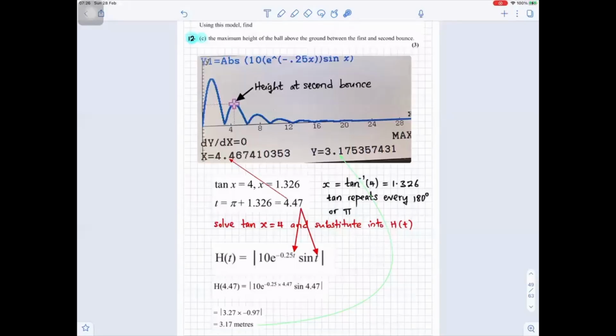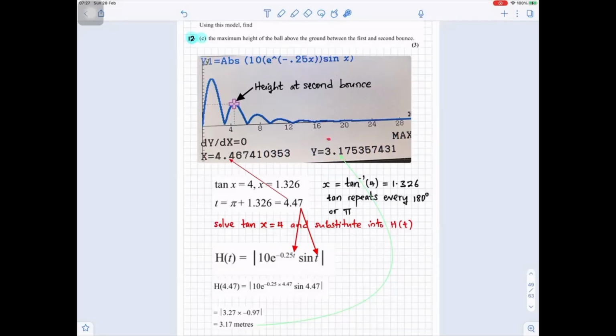For question 12c, use this model to find the maximum height of the ball above the ground between the first and second bounce. So you can see here, that's the height at second bounce. So dy over dx is equal to 0. If you use your calculator, dy over dx equals 0, so x will be 4.47 and you get y to be 3.1.